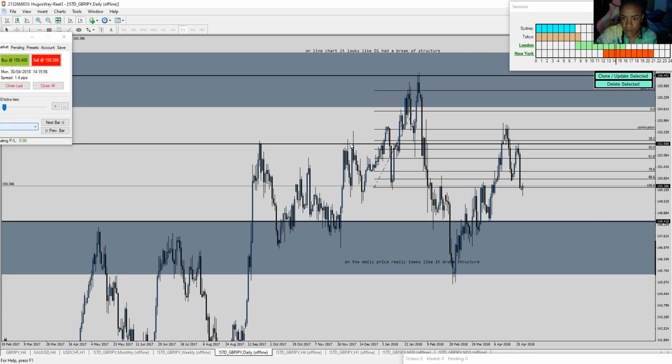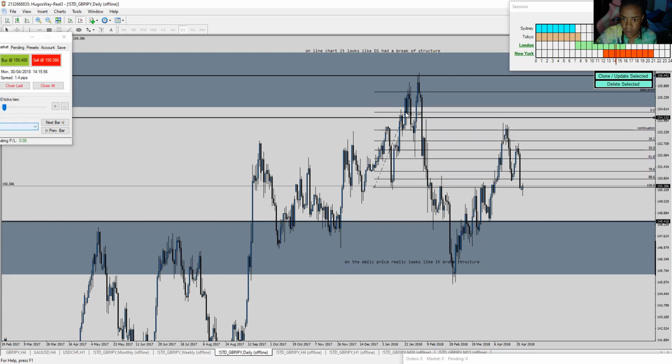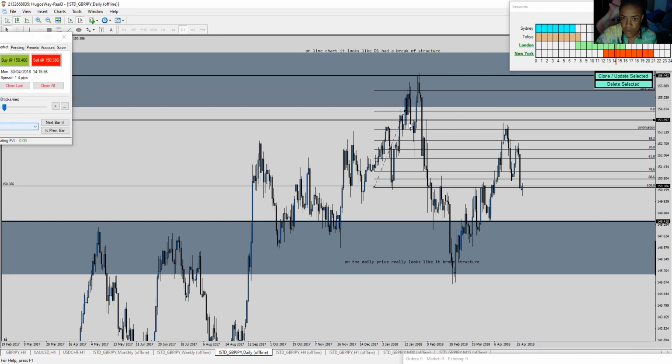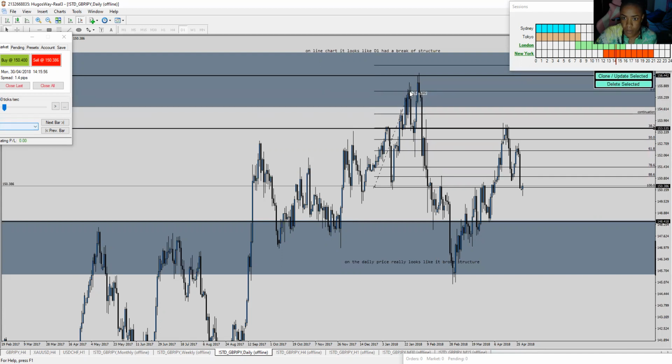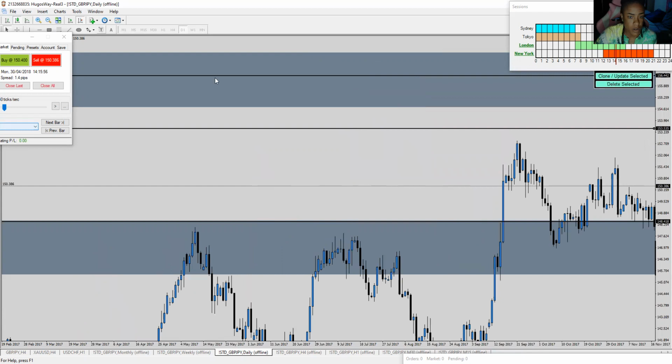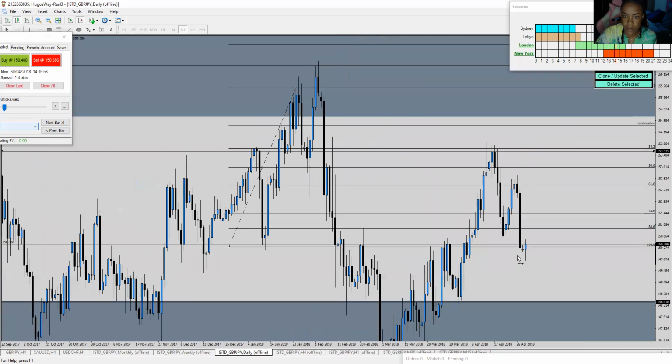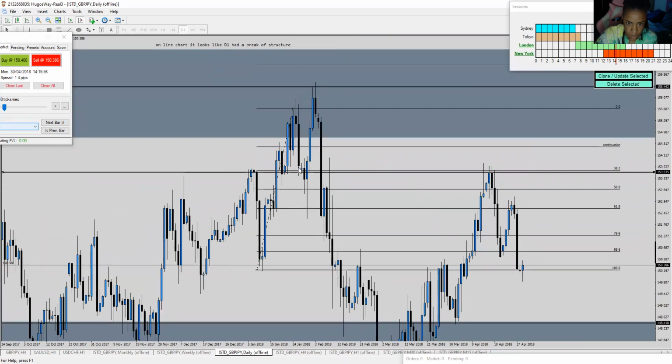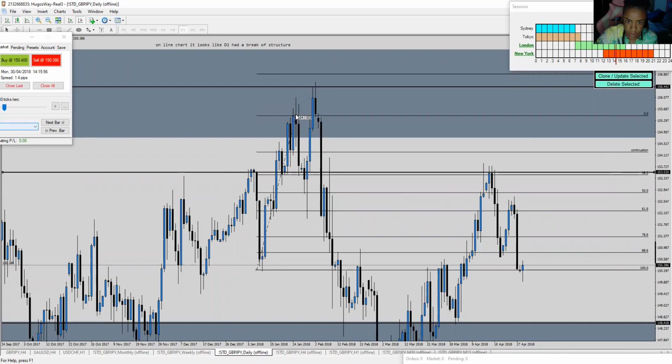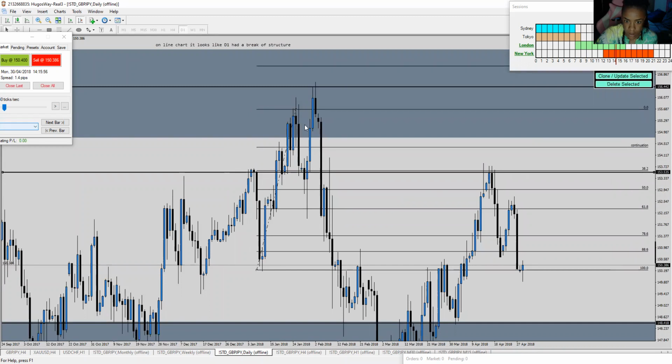So now we have that. Higher high, this is just a continuation. Now we continue to drag our point B. This is point A, and we're looking for our official point B. Now price comes, we create an official PRZ zone here, which is 38.2.